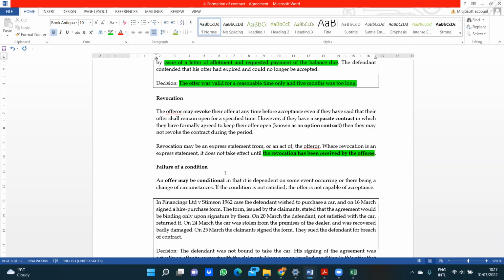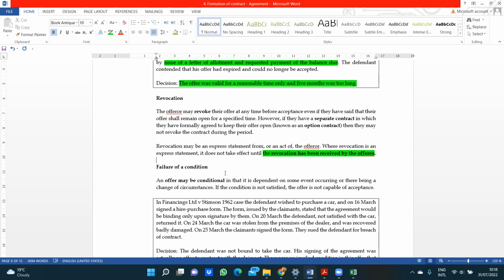However, if they have a separate contract in which they have formally agreed to keep the offer open, known as an option contract, then during that time they cannot revoke until the option contract is terminated, for example, when the time specified in the option contract is completed.